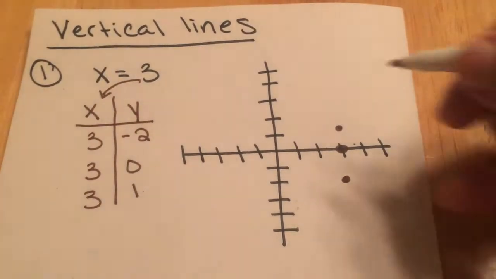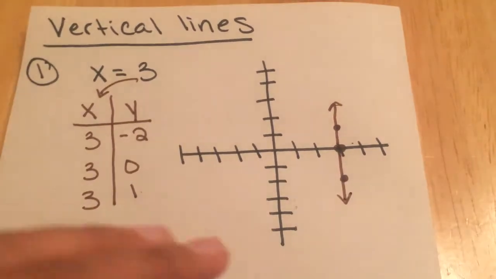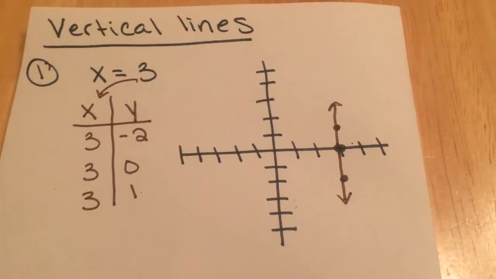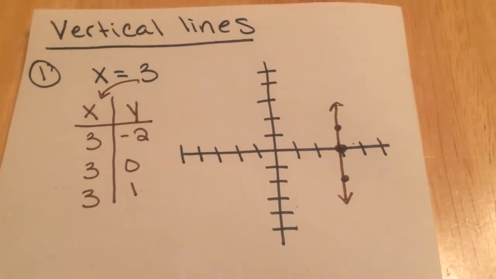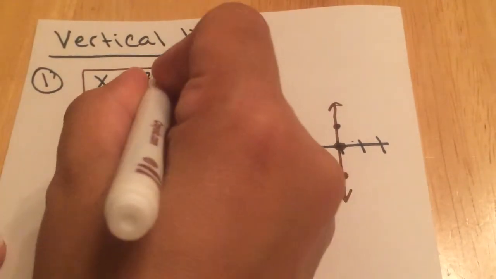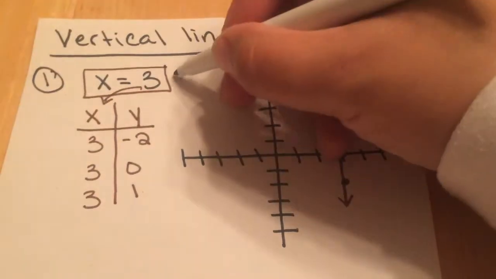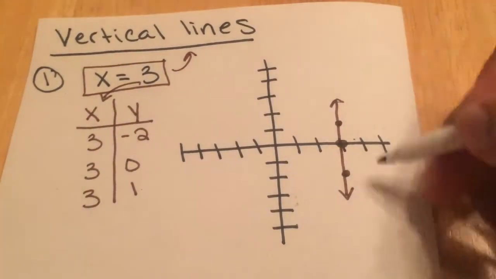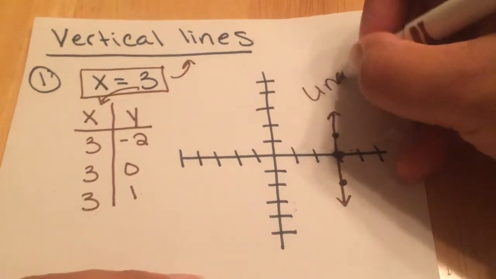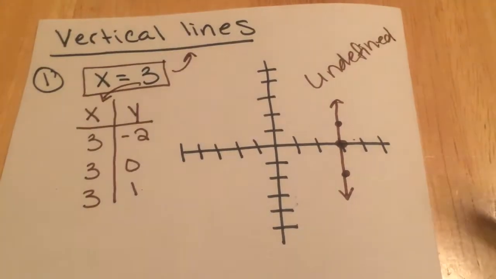Well, if I connect all of those points, I do end up with a vertical line. So this is the reason why we know that anytime we see an x equals, it's going to make 1, a vertical line, and 2, when we talk about this slope, we have that undefined slope.